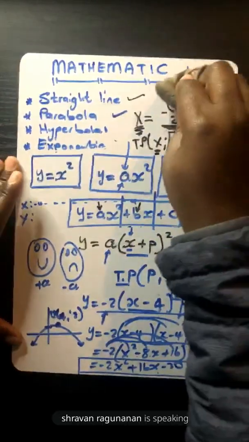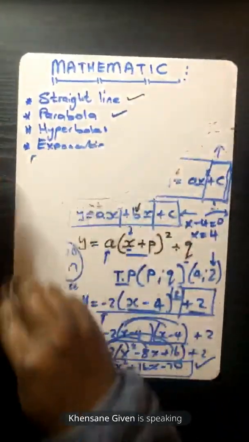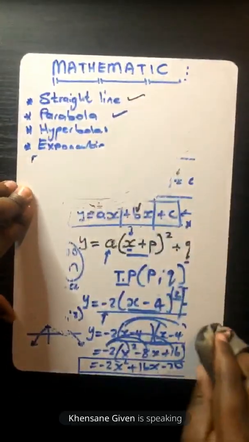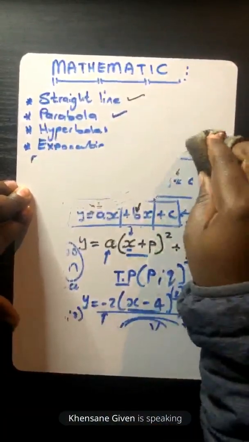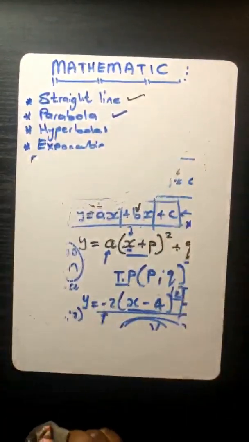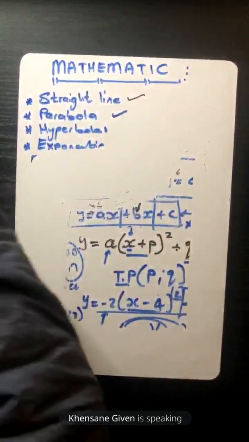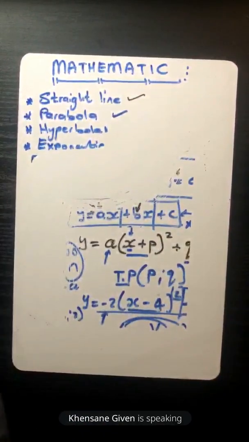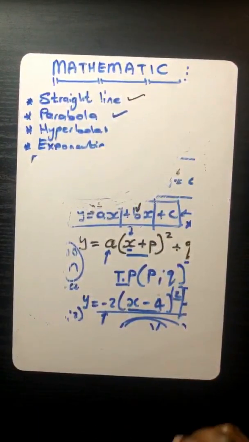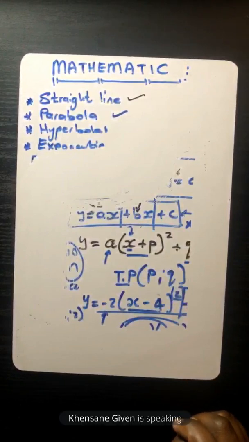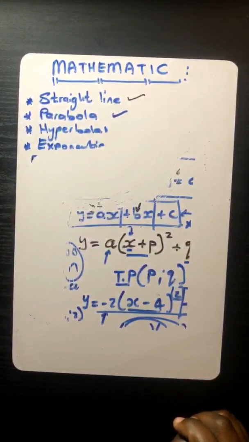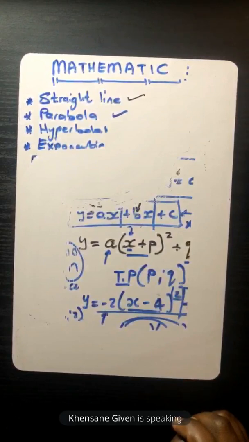Someone has a question. Who's speaking? What's your point of order? I was saying that I think it's possible that you can complete the square.